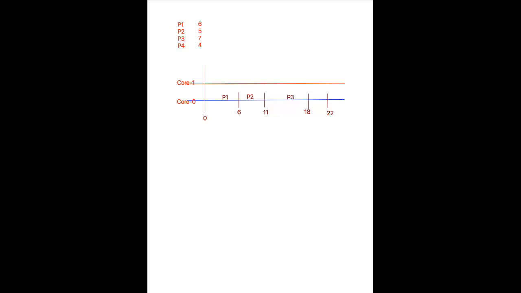Now, because we have two cores, what will happen? This will not change, right? Fine. So what happens here? At time 0, definitely we can start with P1 and P2 also.